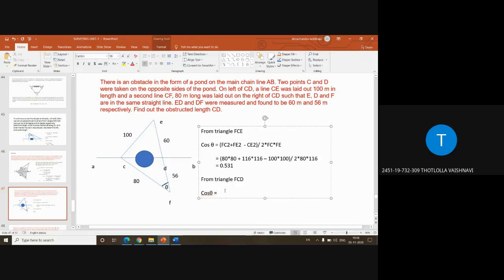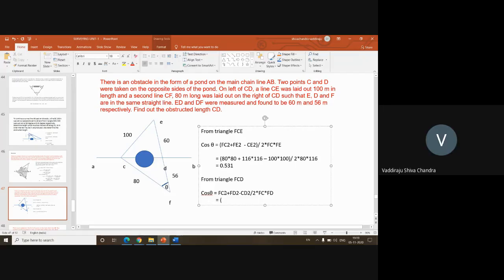FC square plus FD square minus CD square divided by 2 times FC multiplied by FD, right? Correct equation? Yes, sir.